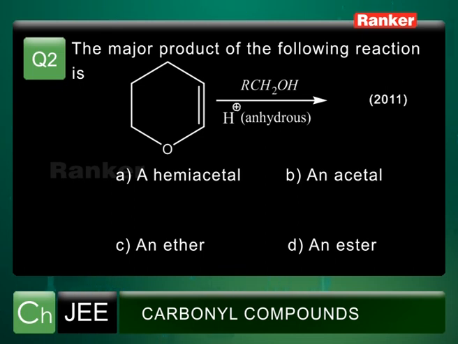If such an acid is added, what is the product formed? The options are a hemiacetal, an acetal, an ether and an ester. You must be very much aware of all these four functional groups, otherwise the answer cannot be found.